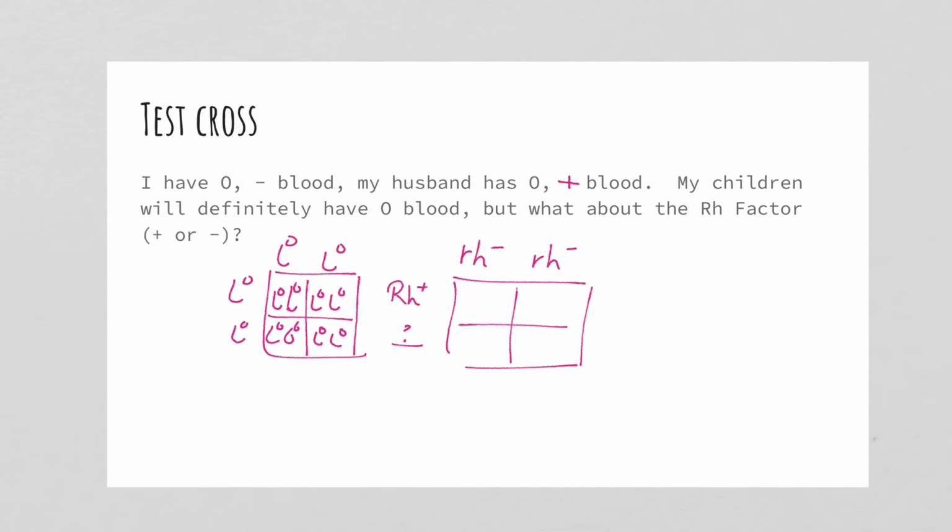If you end up getting all children that are dominant, and you usually would have to do a very large cross to do this, you need lots of kids to really check this out. You can't really just have one kid and say, oh yep, the kid came out positive, therefore this must be Rh positive.